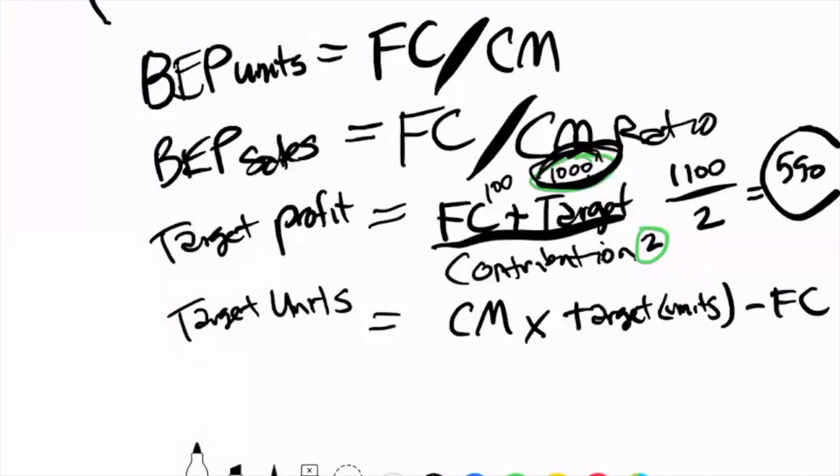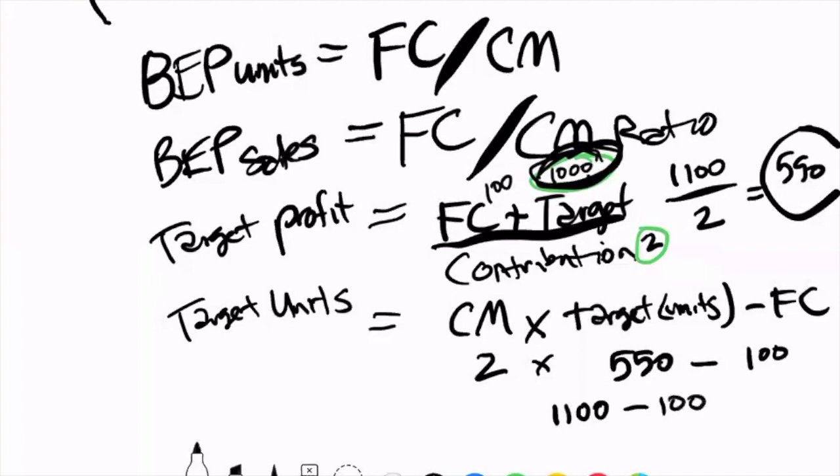So if our target units is 550 and we know that our contribution margin is 2, and we know that our fixed cost is 100, then here you can already see that 1,100 minus 100 equals 1,000.